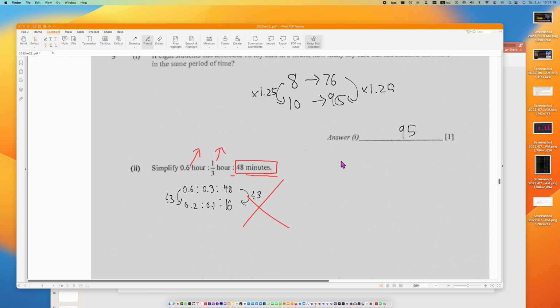Okay so what is the minute for 6.6 hours? 36. Okay good, so you have 36, then this one 20, and then 48. How do you simplify? We divide by what first? Continue to simplify, what are you waiting for?